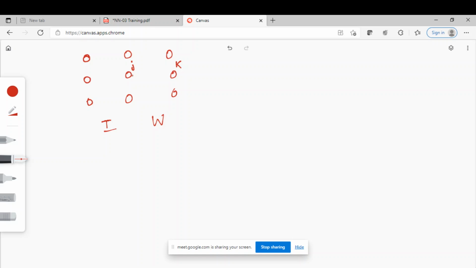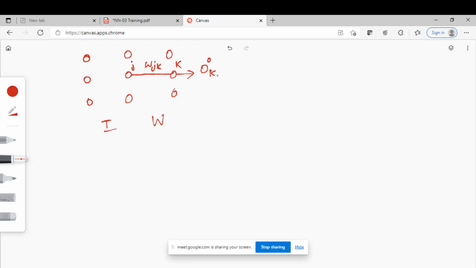There are many connections, but let us take this connection alone, and this is producing some output. This is the kth neuron of the output layer, so the output of the kth neuron is the observed output.